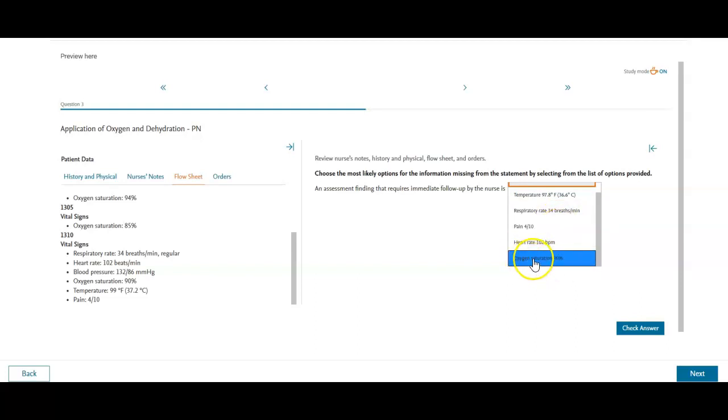I'm going to go ahead and click O2 sat because that not only is related to respiratory, but it also is kind of giving me a little bit of data as far as perfusion of oxygen. And then I'm going to move forward.